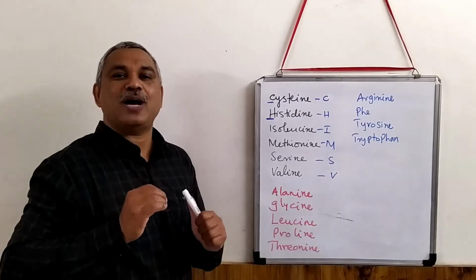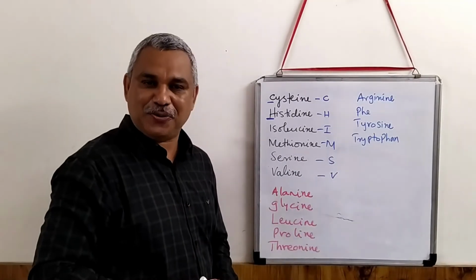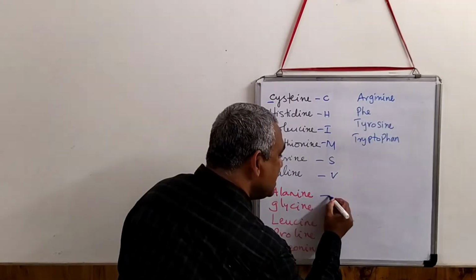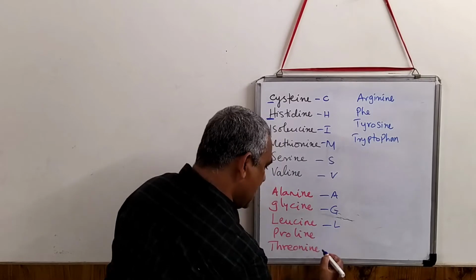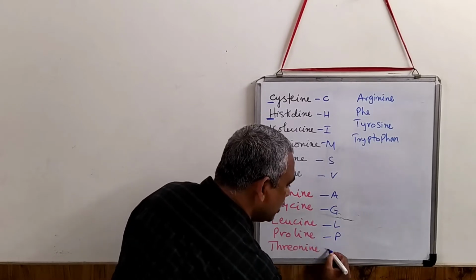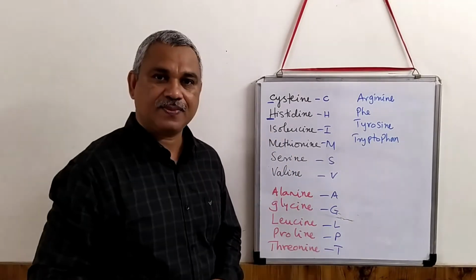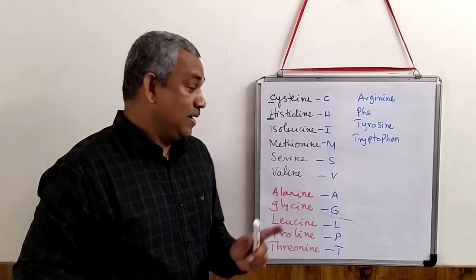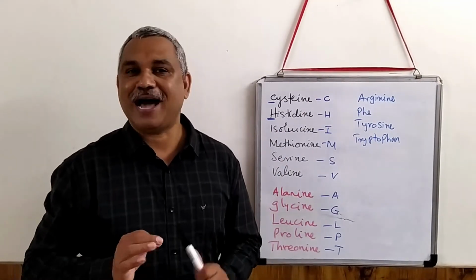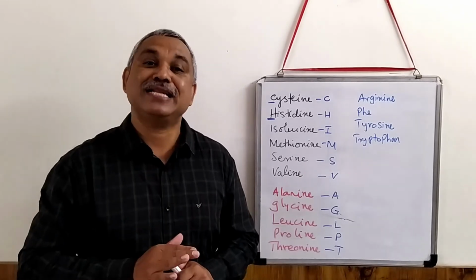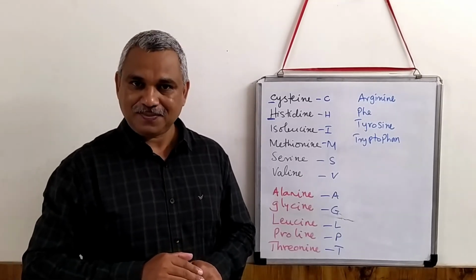So those amino acids were given the first priority. Therefore, alanine is given A, glycine is given G, leucine is given L, proline is given P, threonine is given T. So 6 plus 5, 11 amino acids are given in the alphabet. We are left with 9 amino acids.